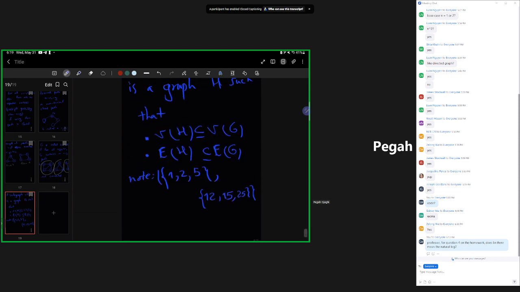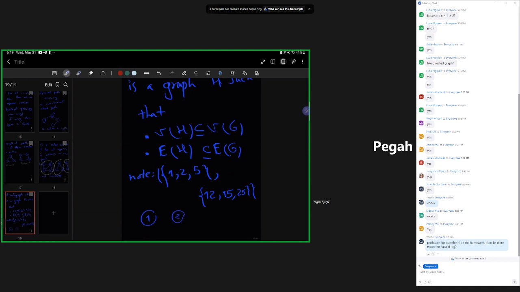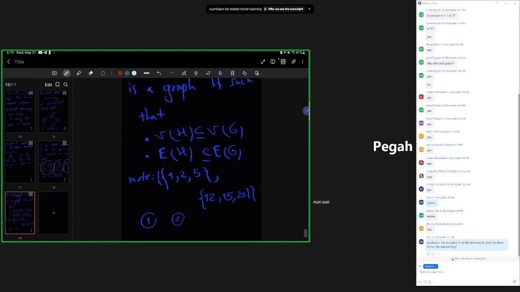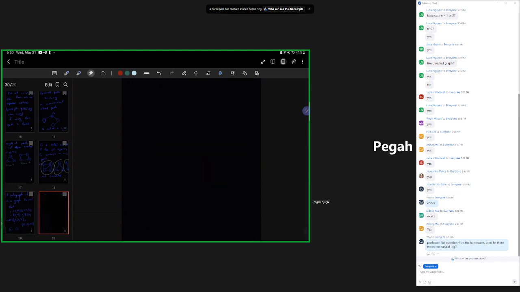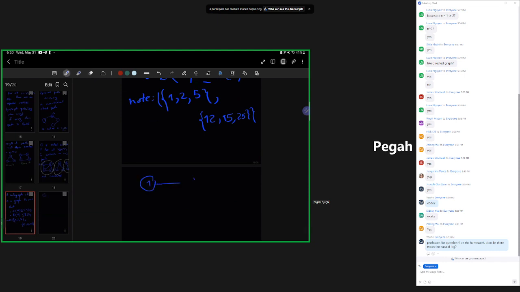Let's write it on the next page. I have 1, 2, and 5, and then 1 connects to 2, 1 connects to 5, 2 connects to 5.